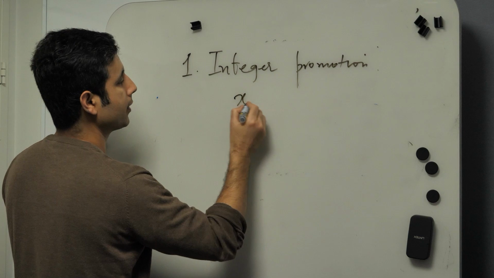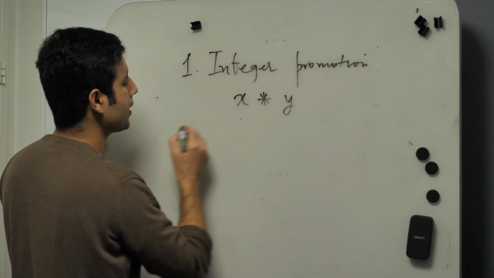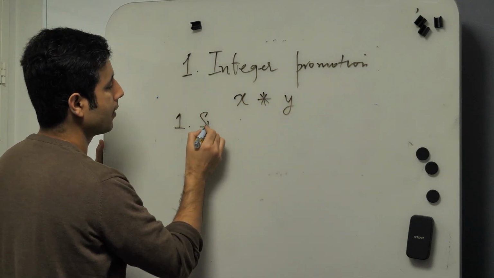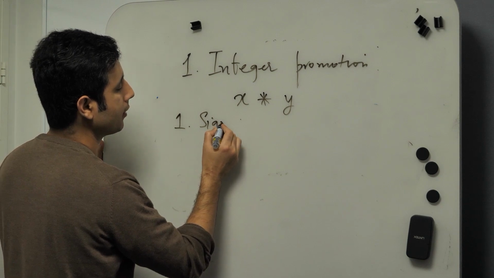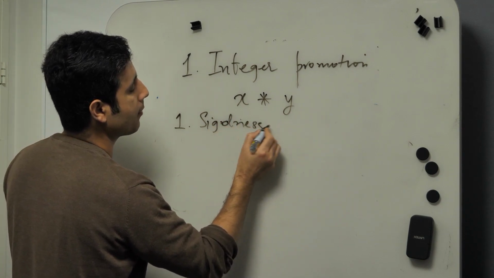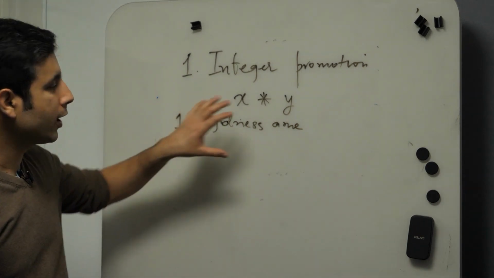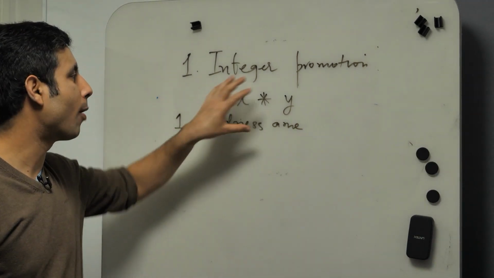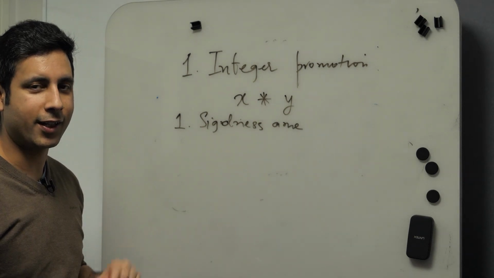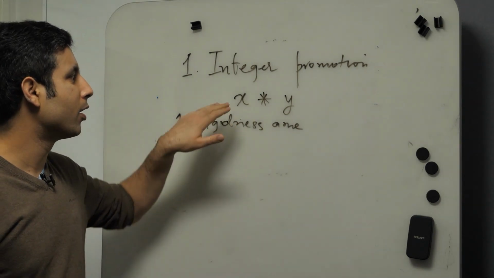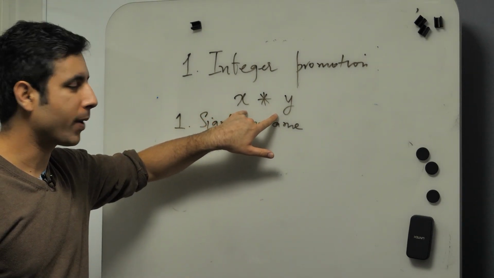Let's say we have the easiest case. Signedness is the same. In all cases, we need to find the common type for the operator, and this common type is the type to which all operands are converted.